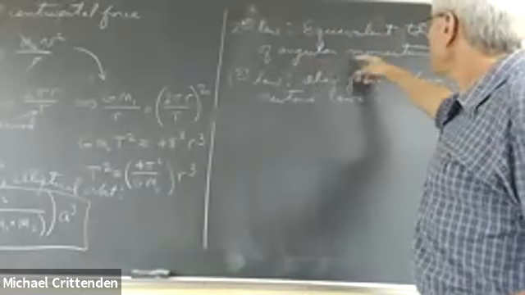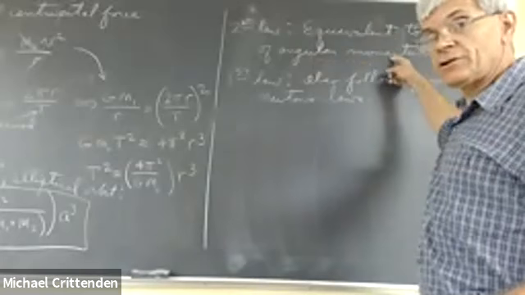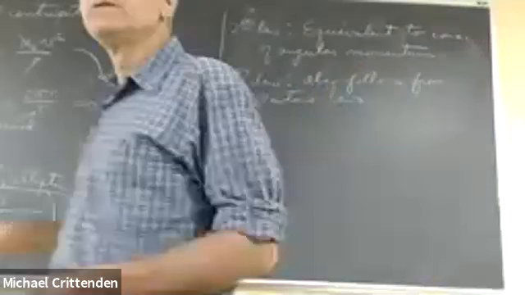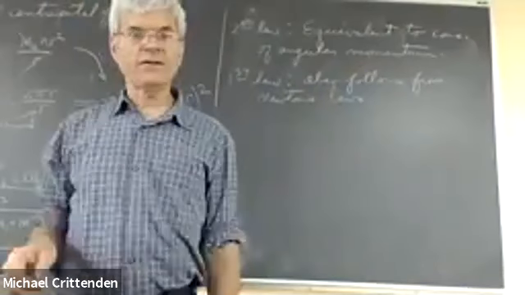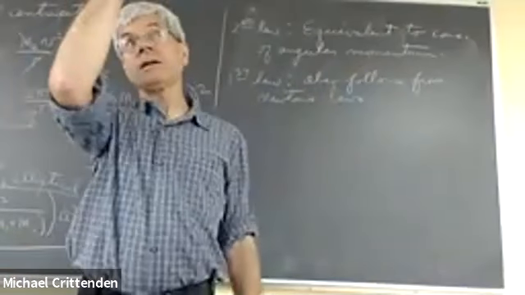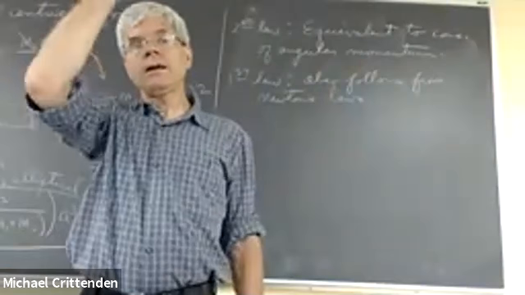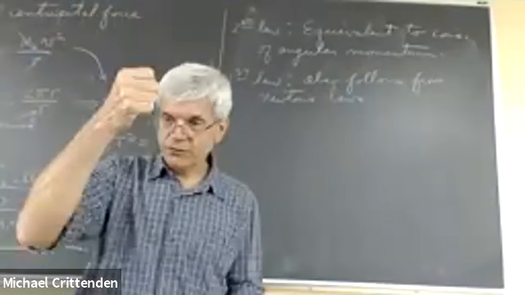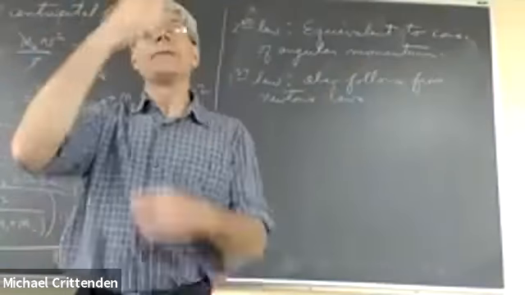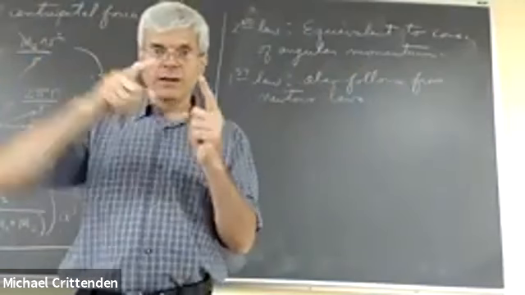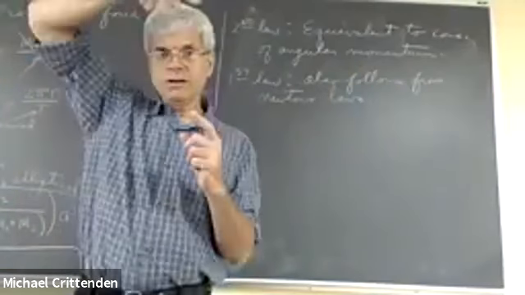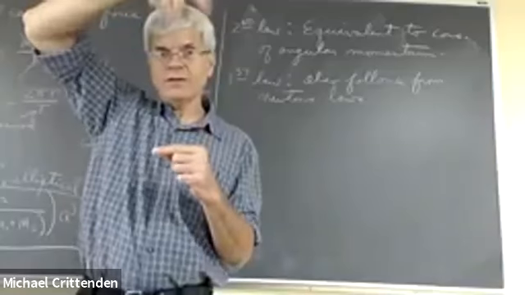But like I said up here, the second law is equivalent to conservation of angular momentum. And toward the end of section 9, I think it was, I did that example where I was spinning the cork around over my head, and then I pulled the string and I made the radius get a lot shorter. And as the cork came in closer to my hand, it went around faster and faster.